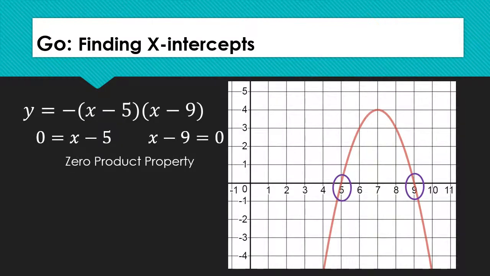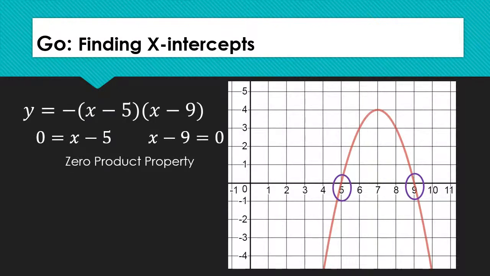The zero product property states that if any of the factors are 0, then the product is going to be 0. So we know that in this example, we have 3 factors. We have negative 1, we have x minus 5, and we have x minus 9.